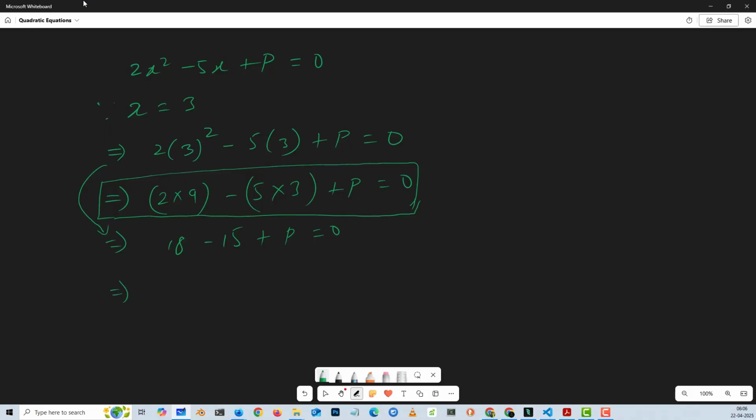Okay, so 18 minus 15 is 3. Again, this step is not necessary. Therefore, p equals to minus 3, or you can directly write like this: p equals to minus 3.